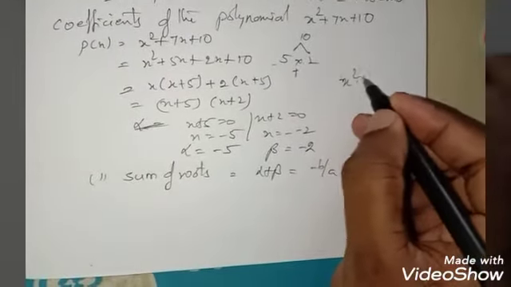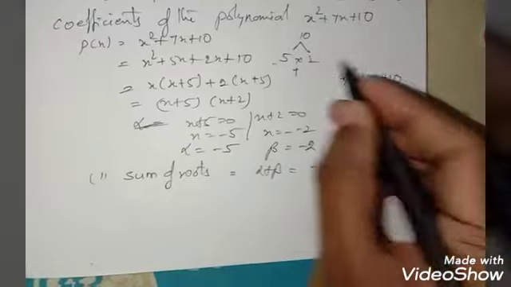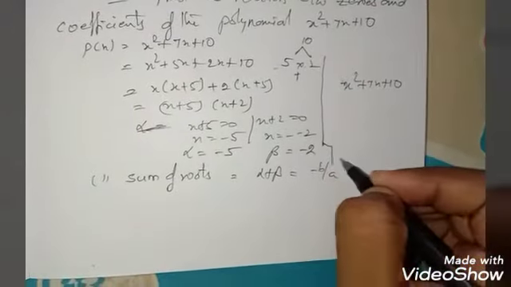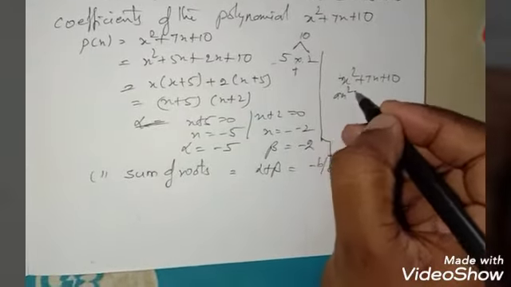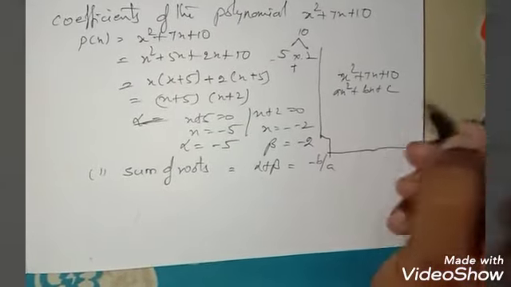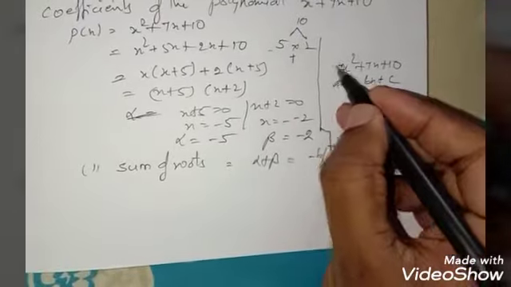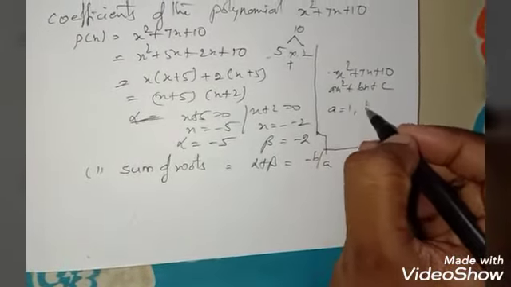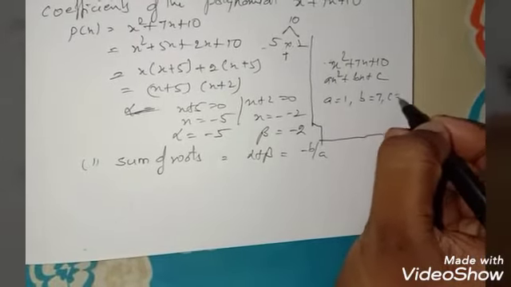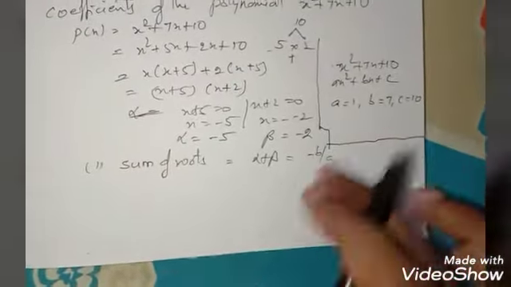So x square plus 7x plus 10, because I need to find what A, B and C are. Compare with the quadratic equation ax square plus bx plus c, where the coefficient of x square is not written in this equation, so I can write A is equal to 1, B is equal to 7 and C is equal to 10. Now substitute in this.